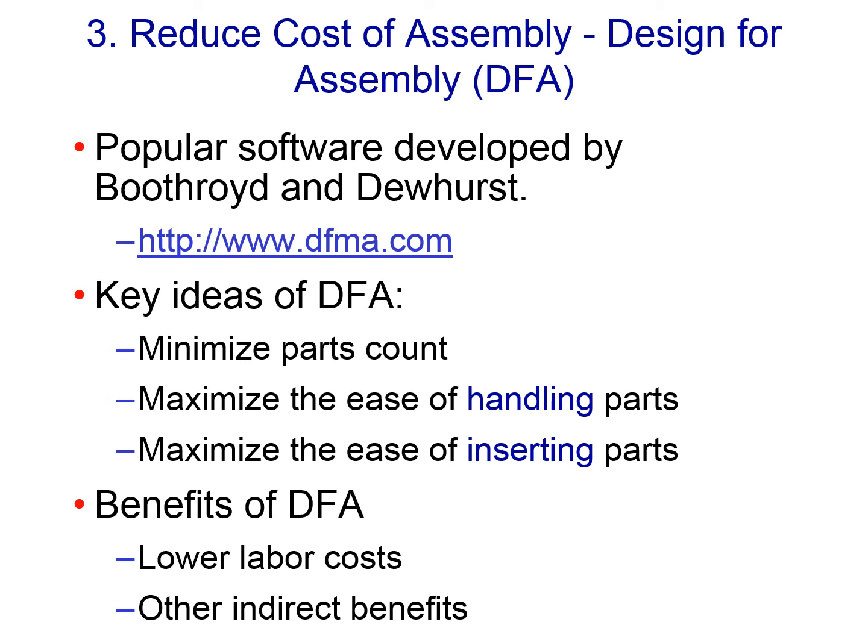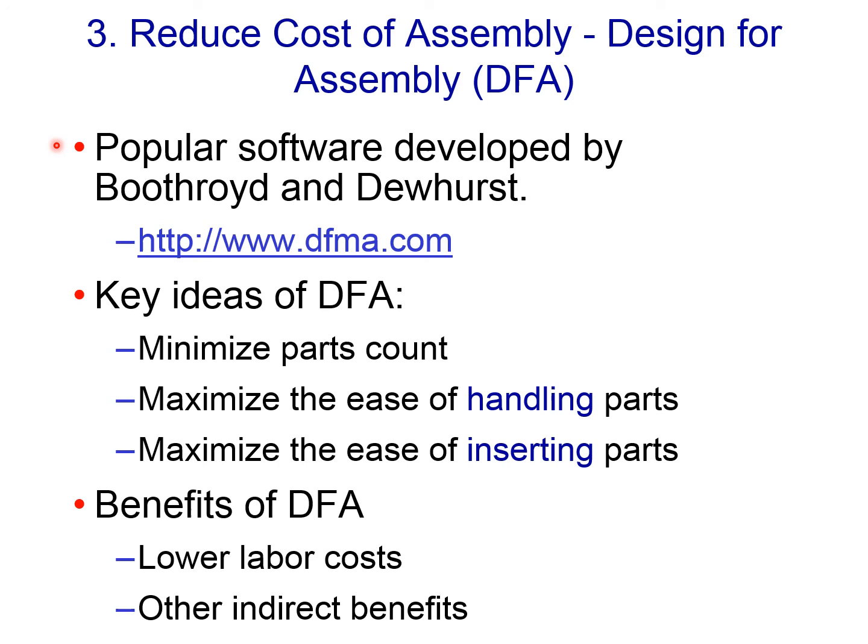The third step is to reduce the cost of assembly. The most popular DFMA, design for manufacturing and assembly software, is made by Boothroyd and Dewhurst. The method was developed about 20 years ago. Now they have 80% of the market share.